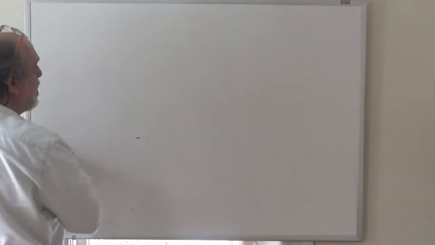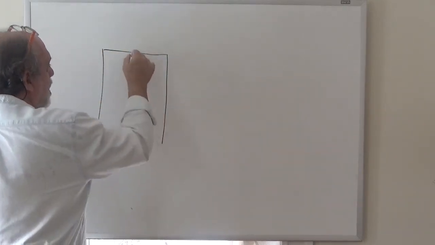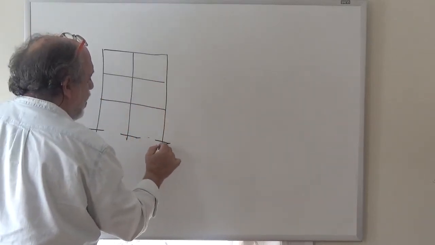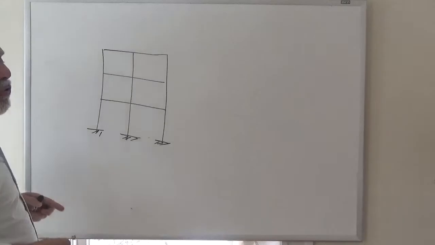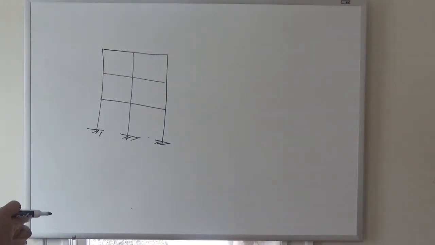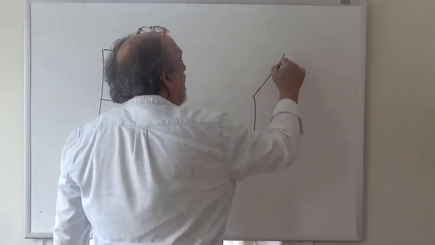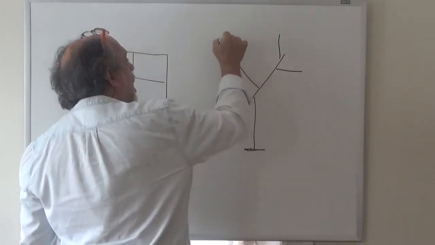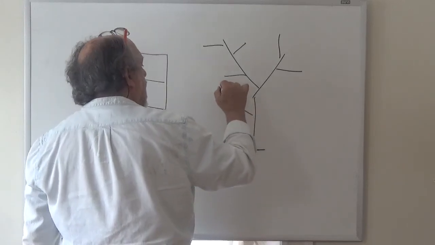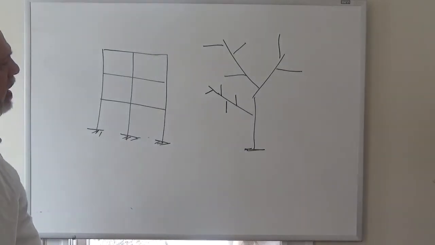But it's really easy to actually find out how indeterminate it is by recognizing the following. If you look at a tree, T-R-E-E, trees are always statically determinate. This is a tree. Right? A tree is always statically determinate. Why?